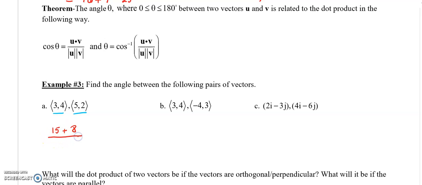Then I'm going to have to find the magnitude of each vector, so pause the video and find the magnitude of each individual vector. I have the magnitude of u equaling 5, and the magnitude of v equaling root 29. So I can place that information within my formula.